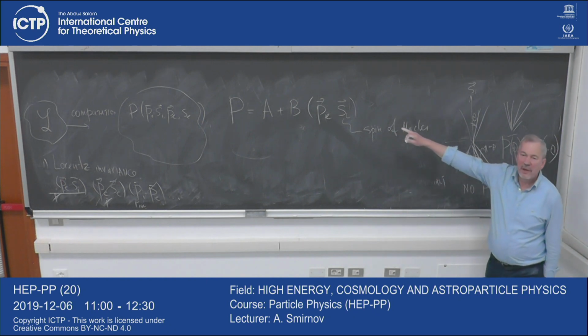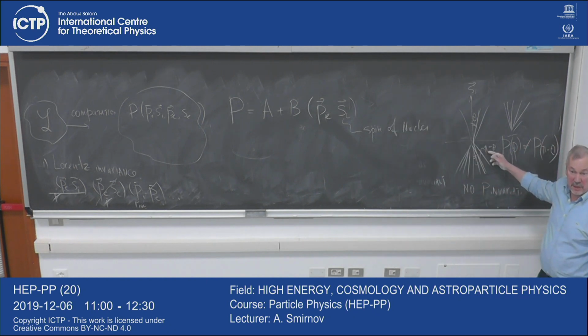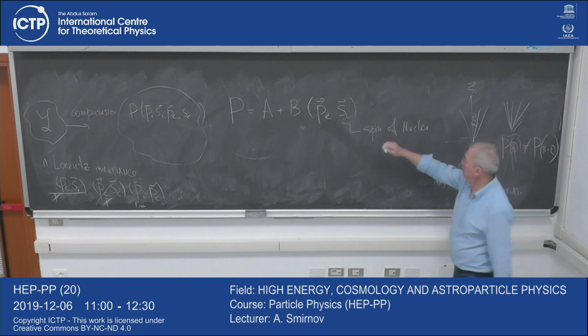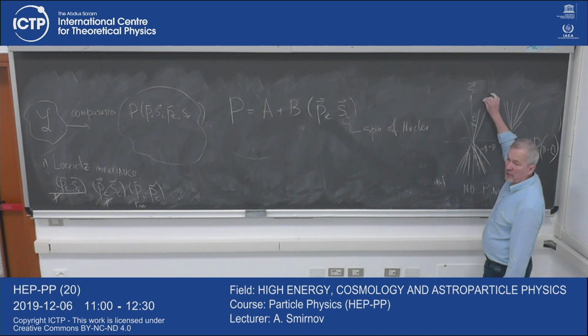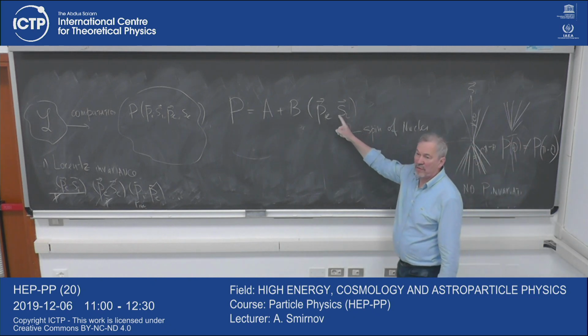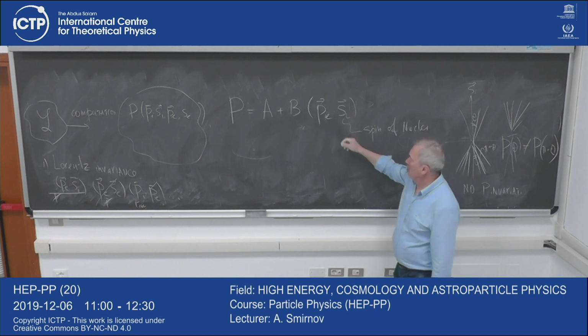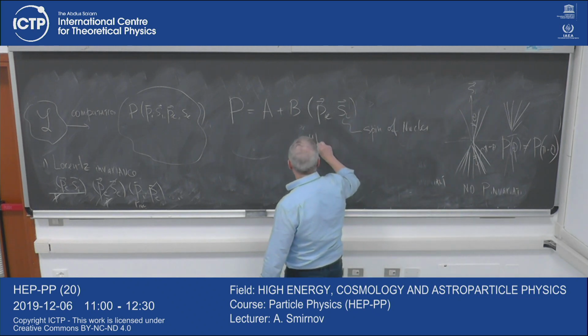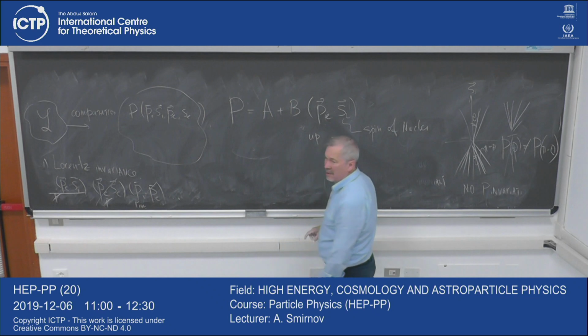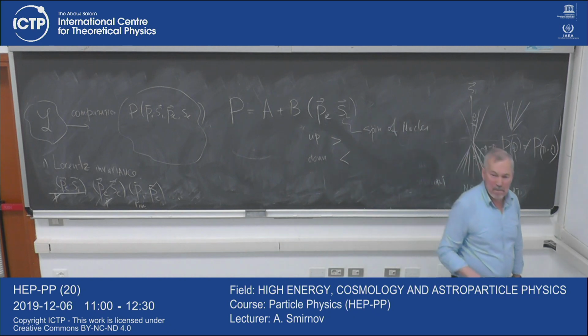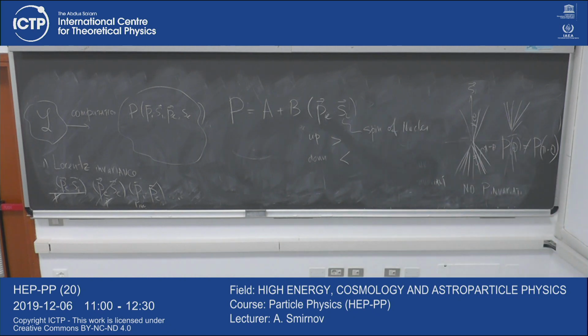So this term clearly will lead to asymmetry, because if P is in this direction it is positive, then in the opposite direction you will have opposite sign of this product, right? So in direction up that will be positive, and in direction down it will be negative. Agree?